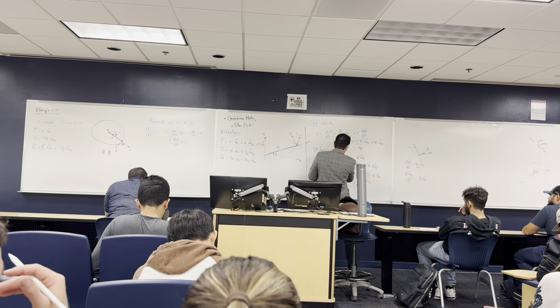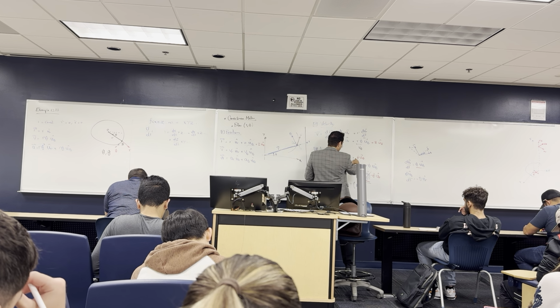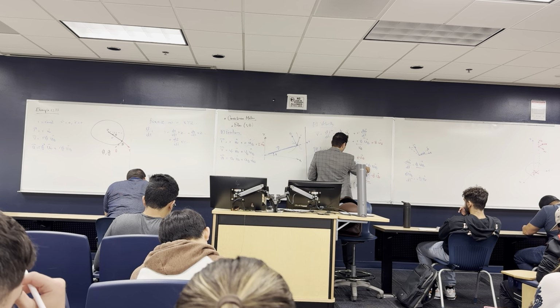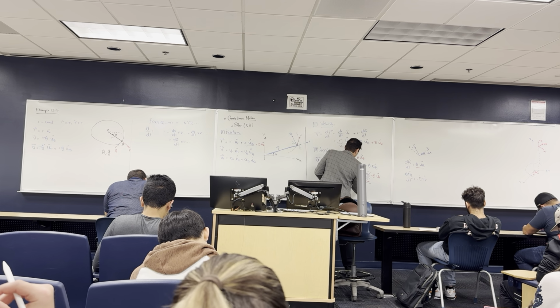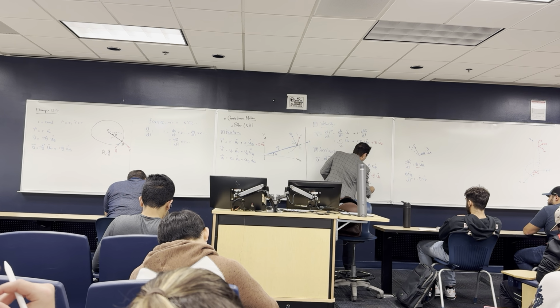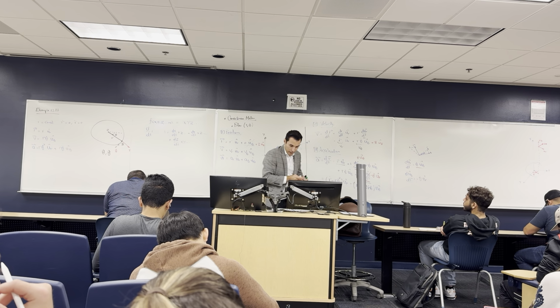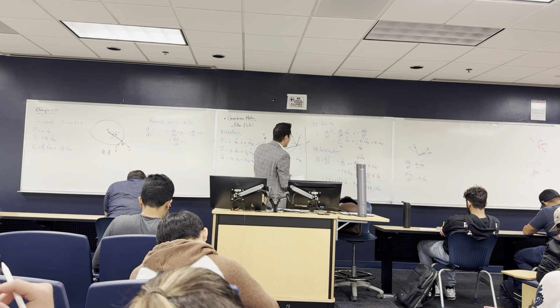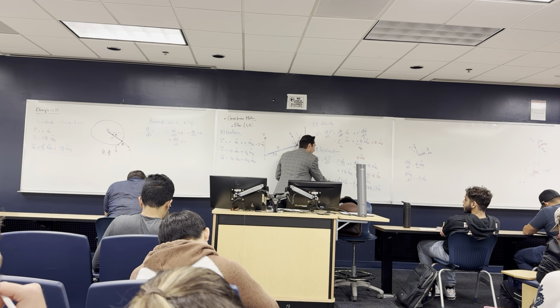This is u r. So r dot theta dot, r dot theta dot, so this is 2. So this is r theta double dot plus 2 r dot theta dot. Let's double check. Yeah, that's true. So the only one that is negative is this one.